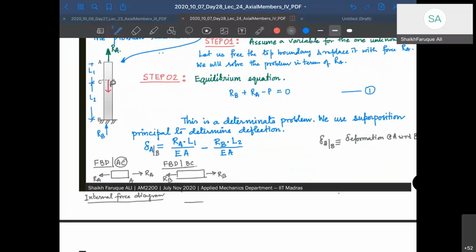Let's say this is B and that's A. It's going to look like RB and then RA, something like that.